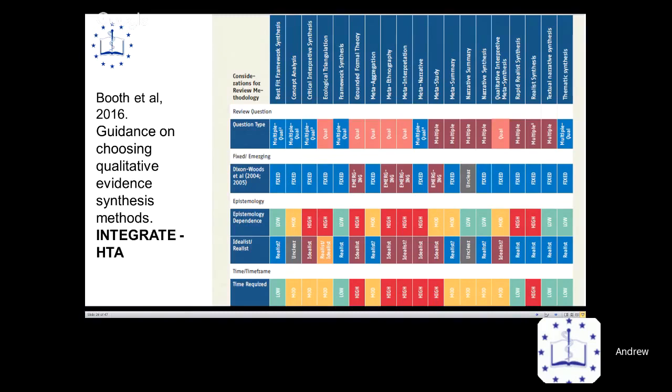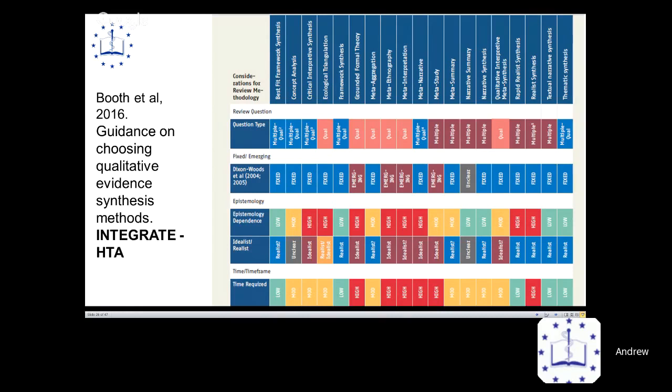So you'll see across the top, I'm not going to spend much time on this, but across the top are the different types of review. Down the rows are the different factors, so the first factor here is question type. Some are exclusively for qualitative and others can be used for multiple types of evidence. The next thing is the type of question.